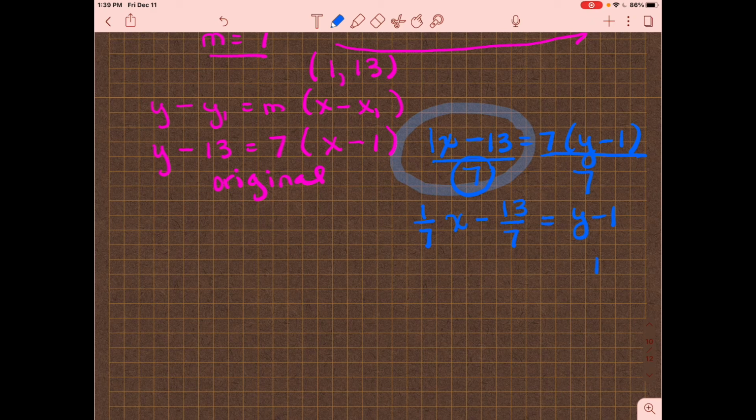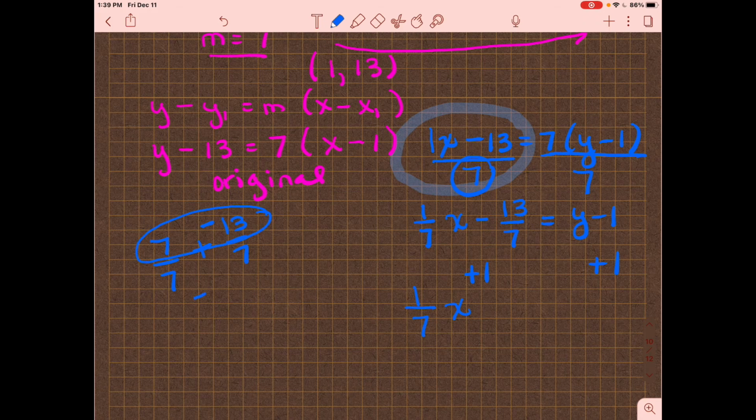So I need to add 1 to get y all by itself. And I'm going to have 1/7 x. Then I need to add 1, and my calculator isn't handy. So 1 is the same as 7 over 7. And that is minus 13/7. So we know that is plus a negative. And I'm doing this math right.